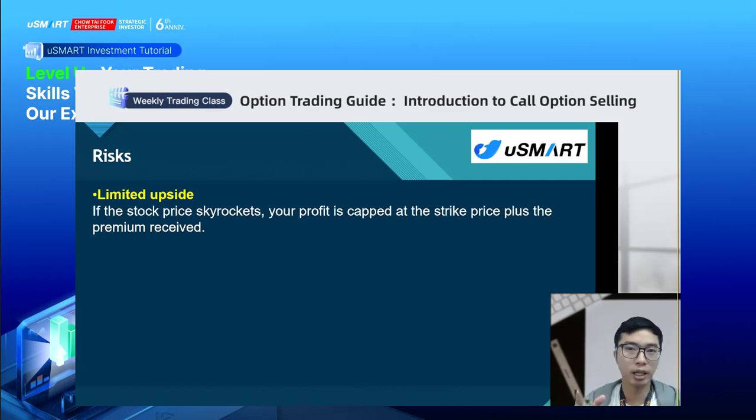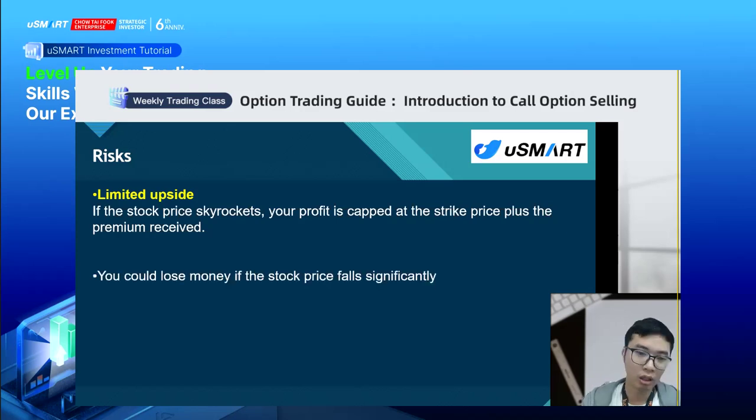All right. So selling covered calls is one of the best strategies for those who own a stock long term and want to keep it at a higher price. Here, the risk is you could lose money if the stock price falls significantly.